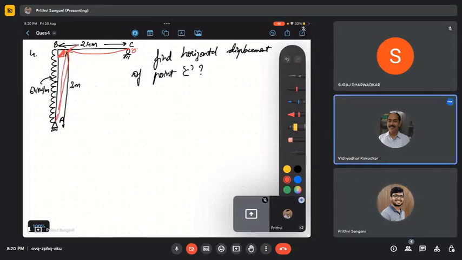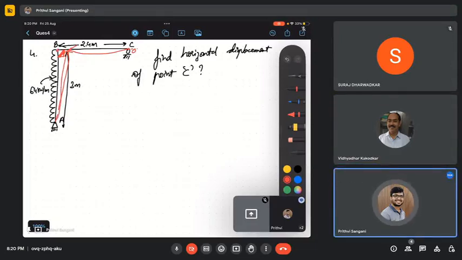For example, if this is a hinged one, not a rigid support, sorry, I just messed this up. If joint B is not rigid, then it is an internal hinge.